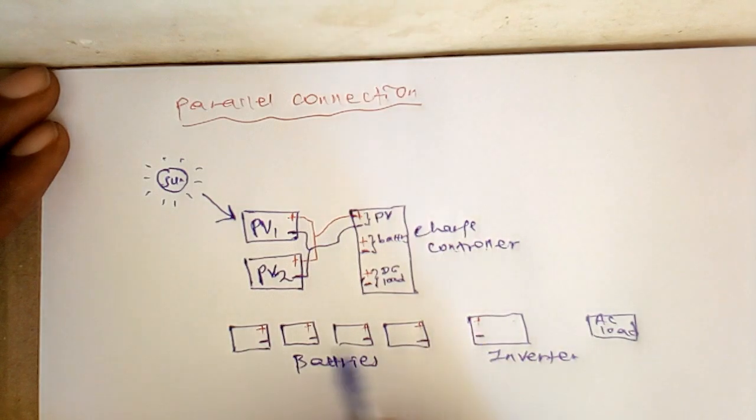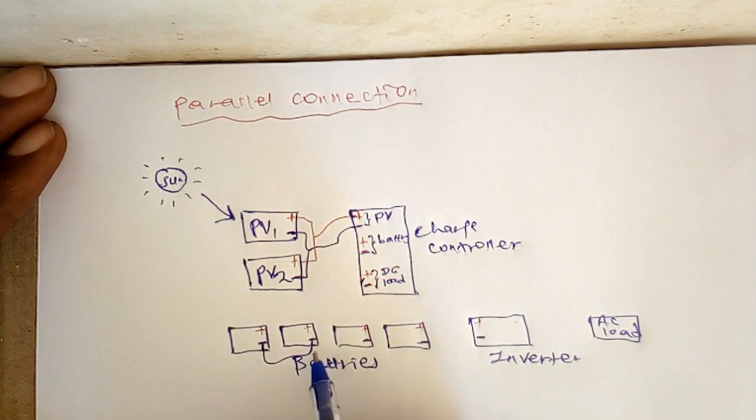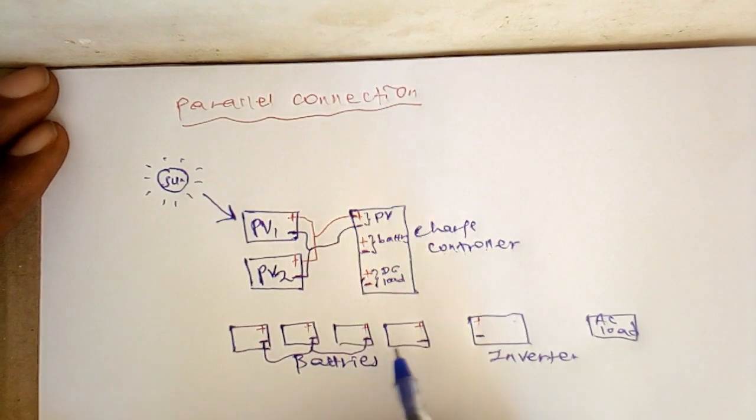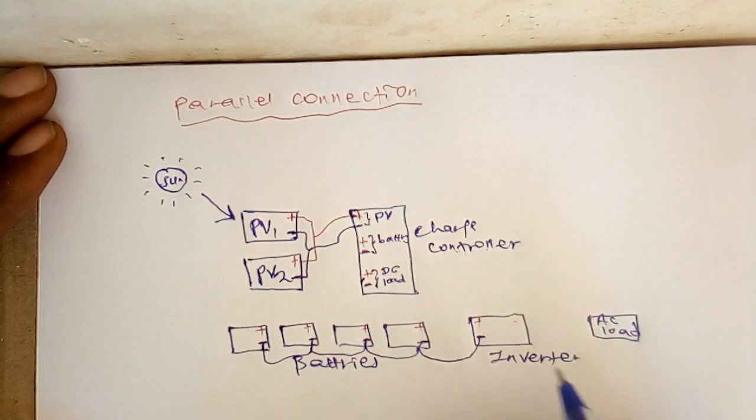Then let us connect the batteries. The minus of the battery is connected to the minus of the other battery and the minus of the inverter.